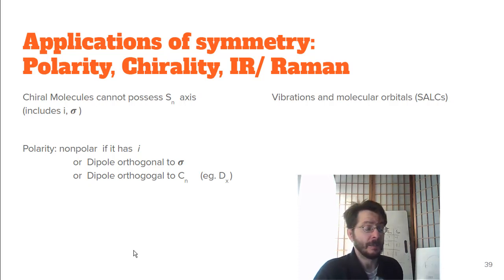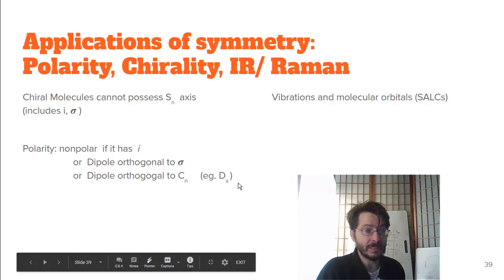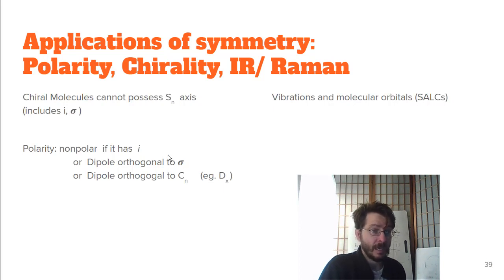Where this shows up in principle is really when the molecule is of the D point groups. These often have mirror planes and C2 axes. So if you see a material that has a D point group, it's not going to be polar. It's not going to be able to support a dipole because of the way the symmetry elements work. Again, those are relatively trivial but easy things to look at.